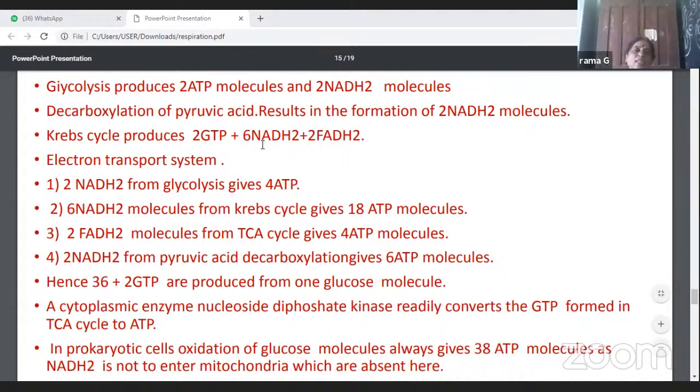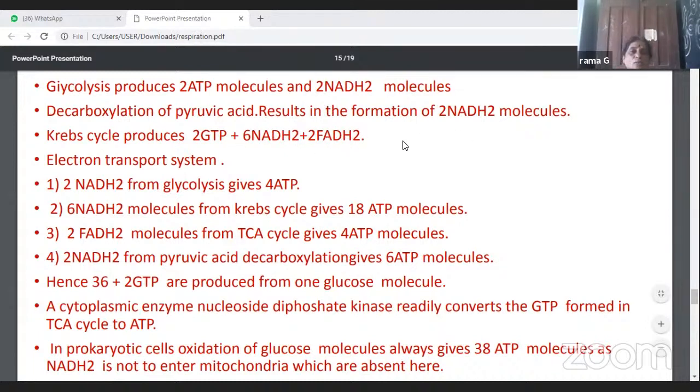And for each NADH2 molecule, it synthesizes 3 ATP molecules. That's why in the Krebs cycle, 6 NADH2 are multiplied with 3, which gives 18 ATP molecules, and 1 FADH2 releases 2 ATP molecules. Here 2 FADH2 molecules are there, so they are multiplied with 2, giving 4 ATP molecules.